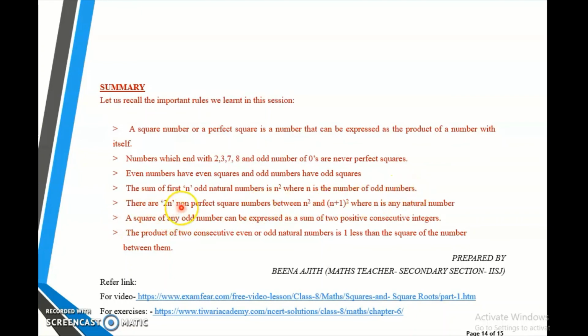There are 2n non-perfect square numbers between n square and (n plus 1) the whole square, where n is any natural number. A square of any odd number can be expressed as a sum of two positive consecutive integers. And the last one, the product of two consecutive even or odd natural numbers is 1 less than the square of the number between them.